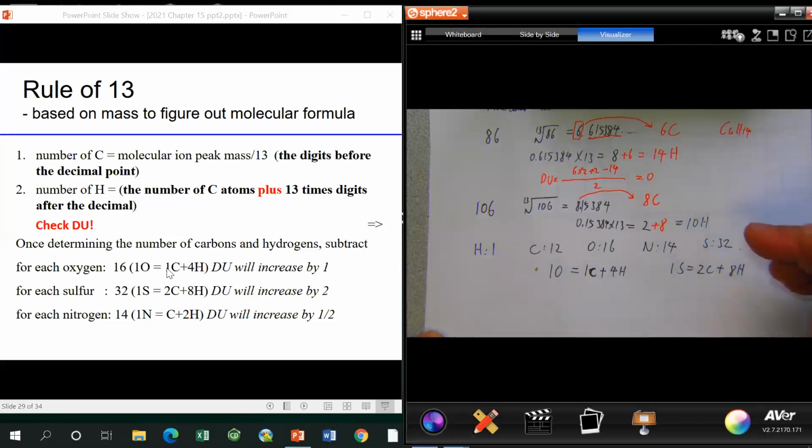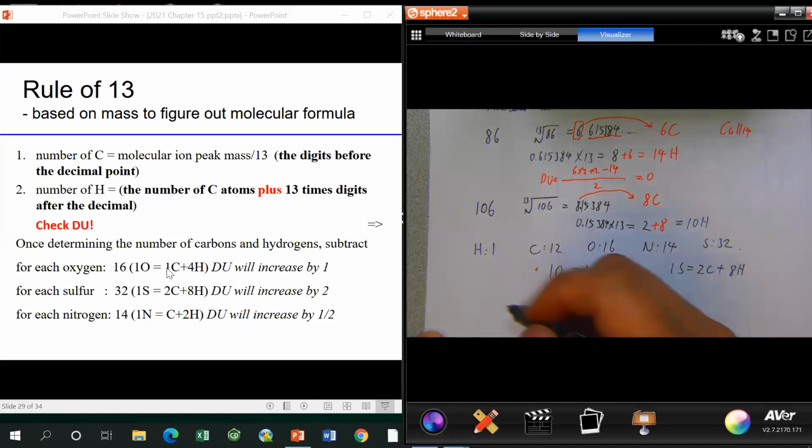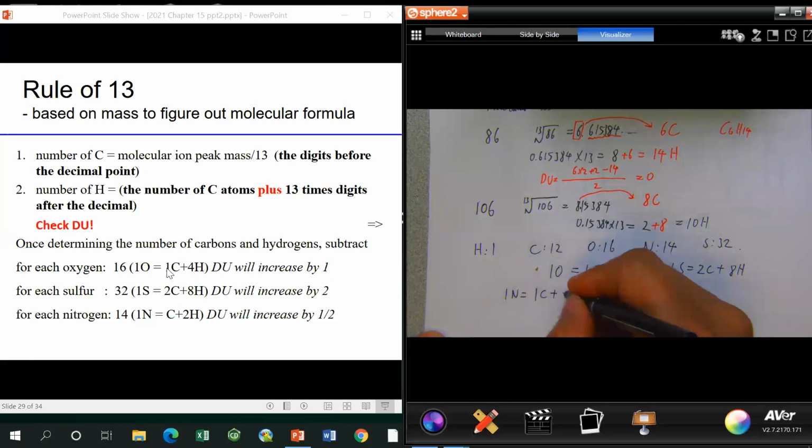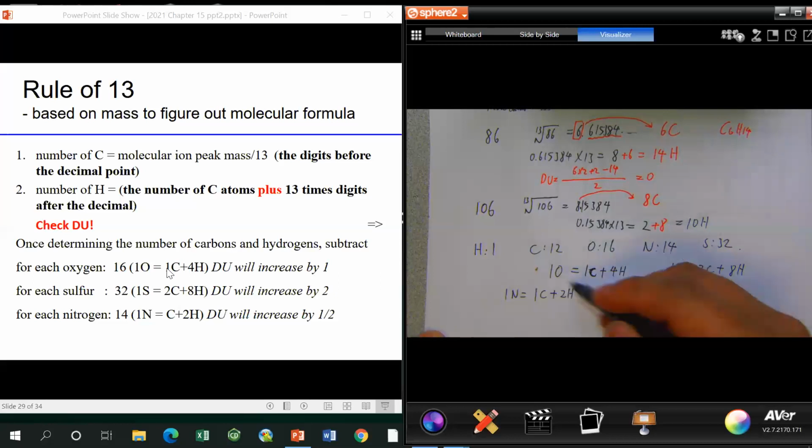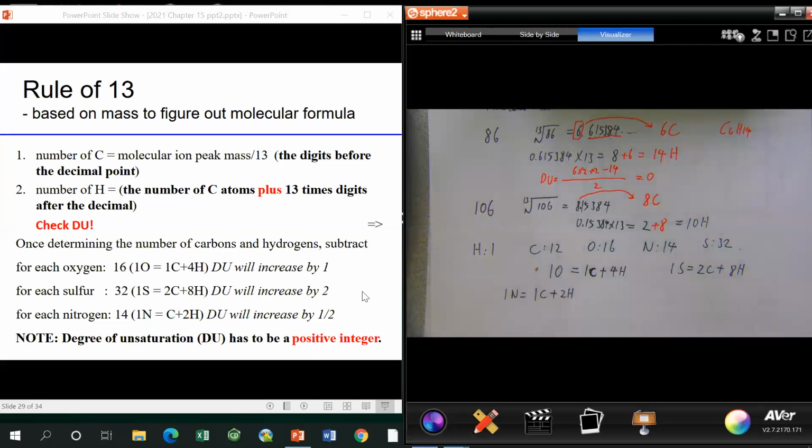To keep the mass the same, 2 carbon is 24 plus 8 hydrogen, so it still gives you 32. If you find nitrogen in the molecule, this time you replace it with 1 carbon plus 2 hydrogen. That keeps the same mass: nitrogen is 14, carbon is 12, 12 plus 2 still gives you 14. Quite often, if you find there's a hetero atom in the molecule, it's because when we do the DO number calculation, the DO doesn't make sense.